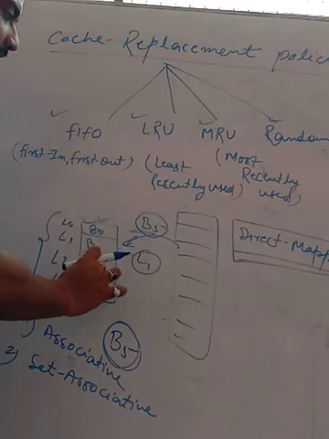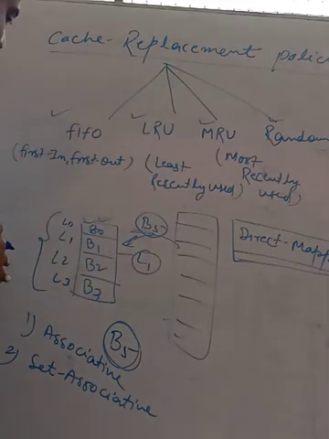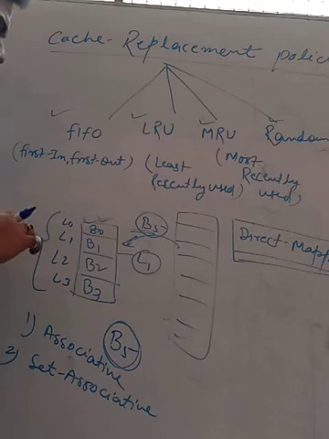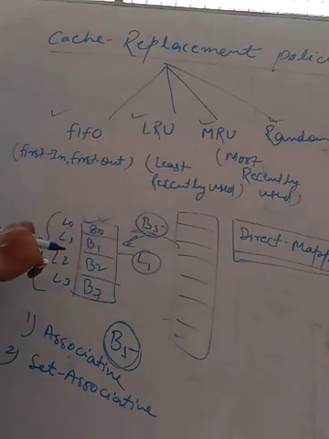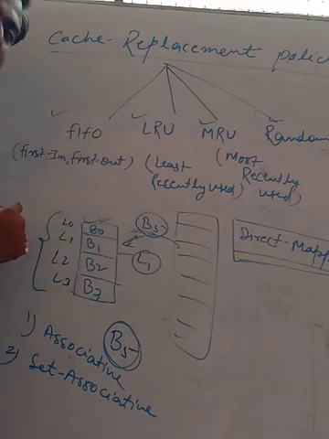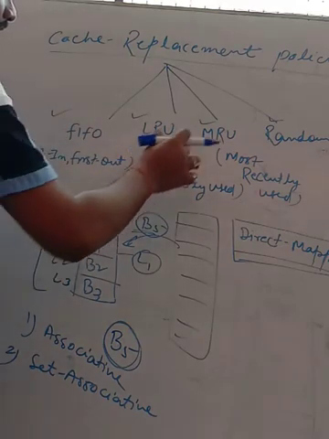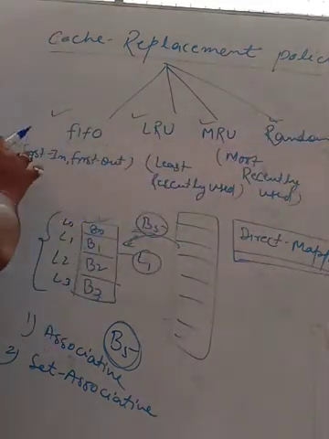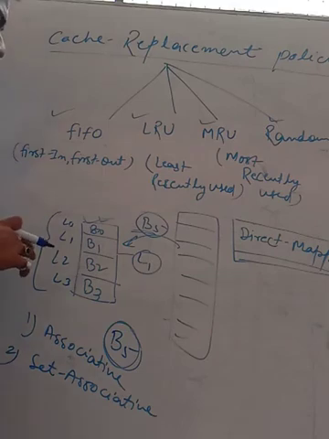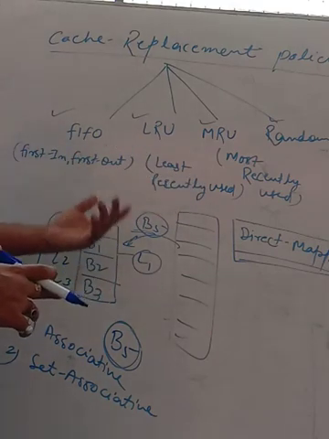This criterion can be decided with the help of cache replacement policy. When B5 is required to be stored, we can use either FIFO, first in first out, LRU, least recently used, MRU, most recently used, or random.